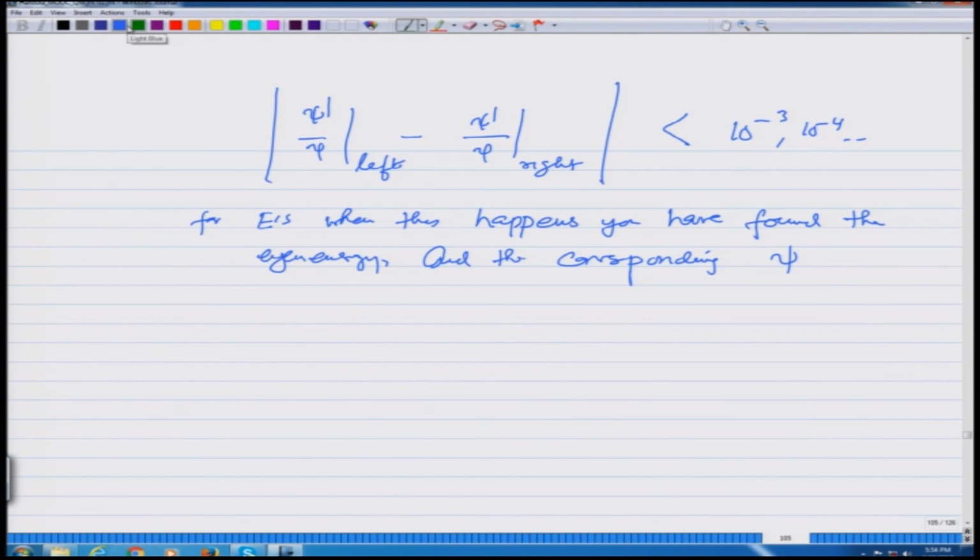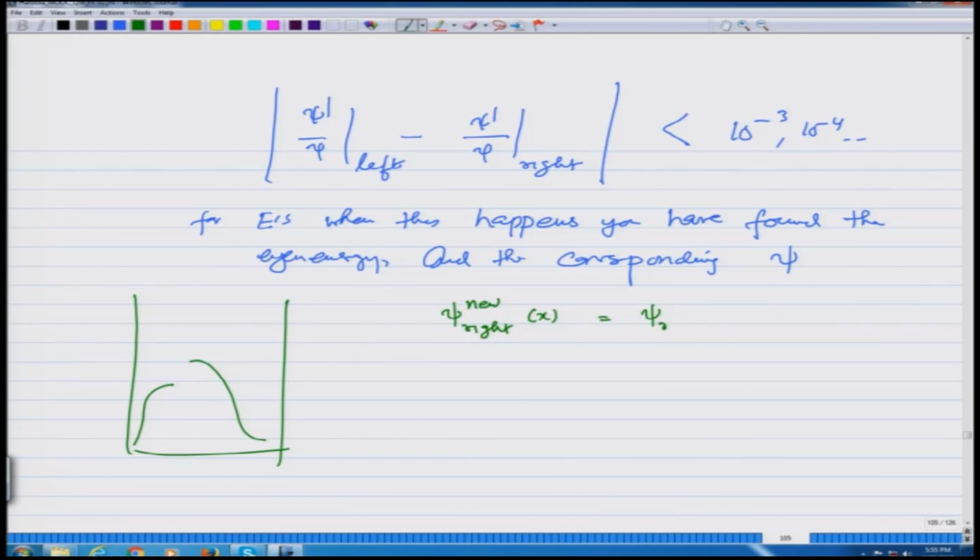Now, to make the psi proper, what you do is, you have come from left, you have come from right. So, what you do is psi right at some x new has to be equal to psi right at x times psi left at x 0 divided by psi right at x 0.